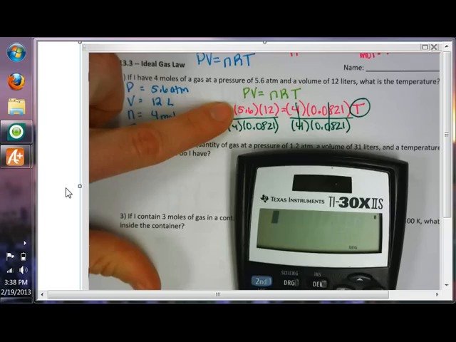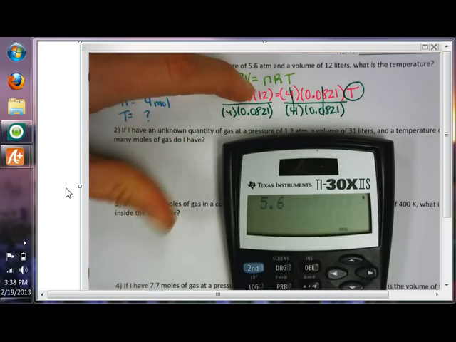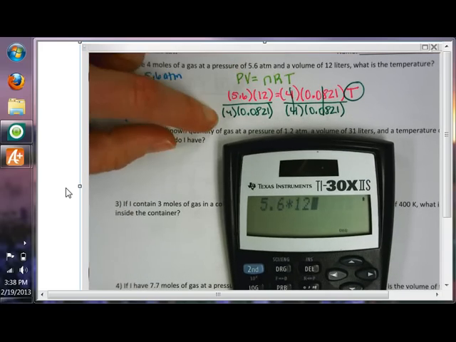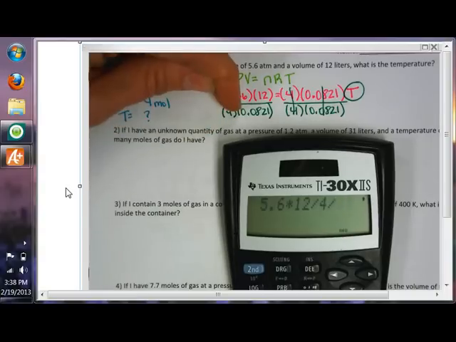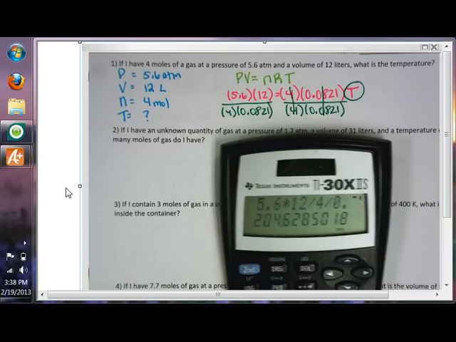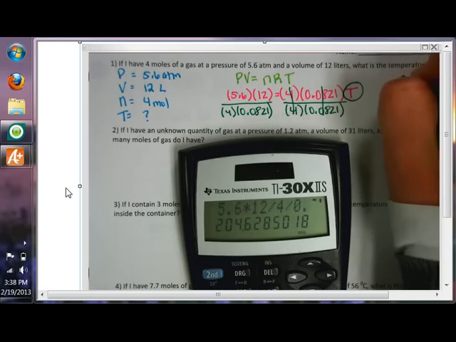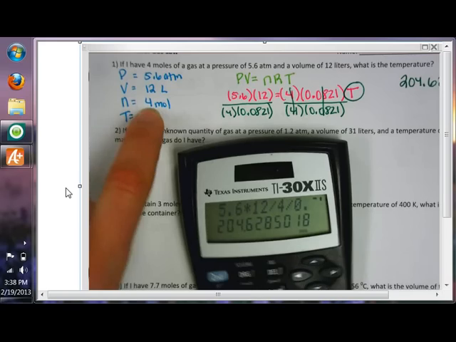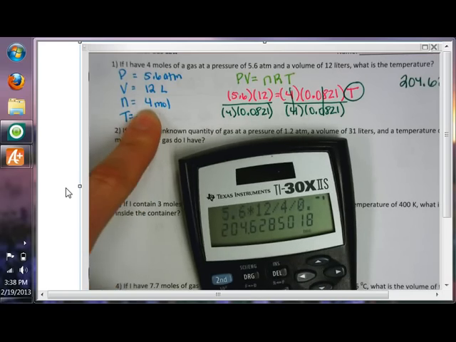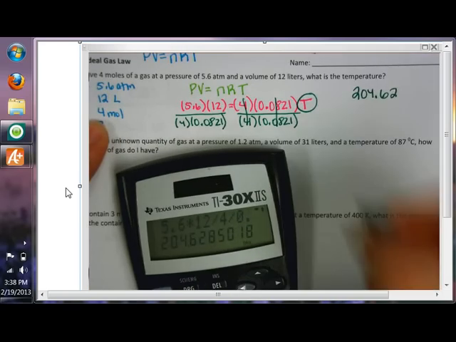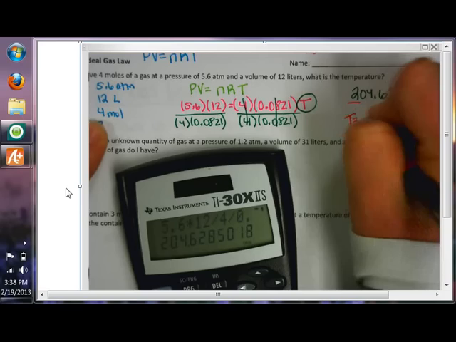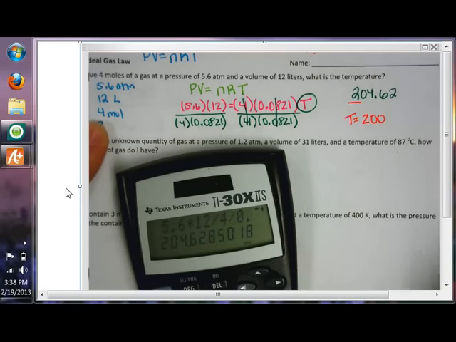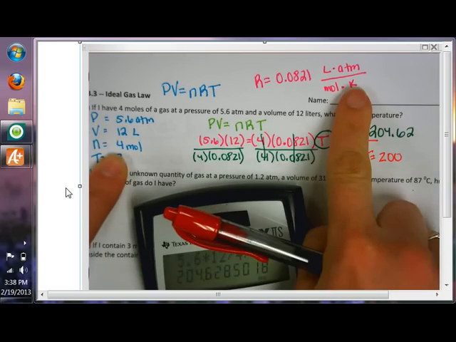So 5.6 times 12, divided by 4, and divided by 0.0821. Your calculator spits out 204.62. Now, because of the 4 right here, there's only 1 sig fig. So temperature is going to equal 200, and the units of temperature are Kelvin.